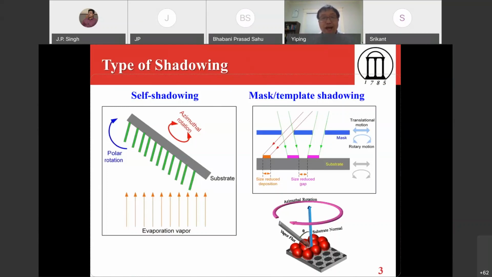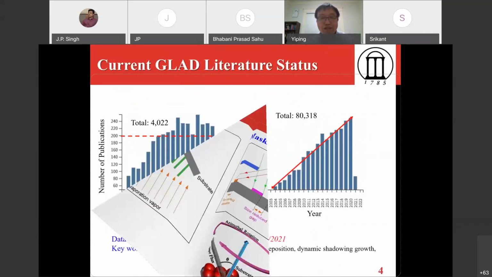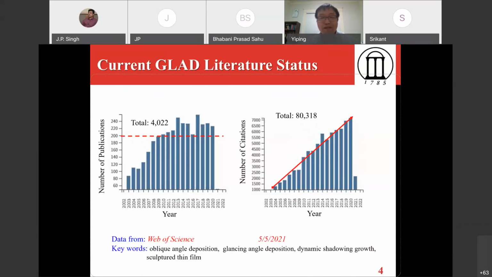So if we look at the literature, this morning I did a very simple literature search. If we only look at the oblique angle deposition or glancing angle deposition, or the so-called dynamic shadowing growth or sculptured thin films, the total number of publications so far is more than 4,000, and the citation increased almost linearly every year.